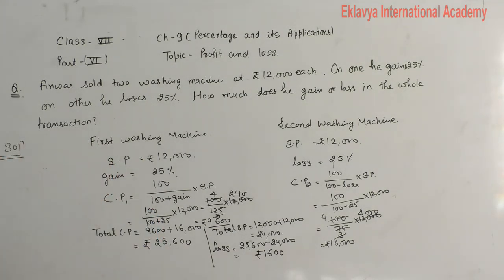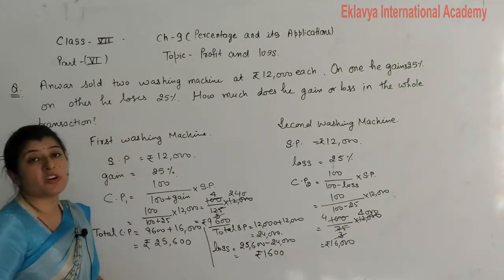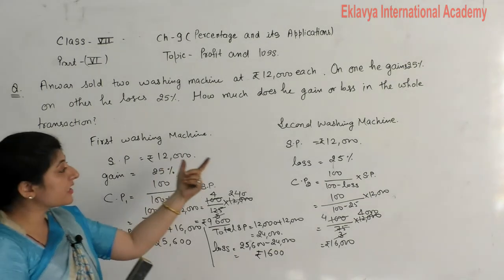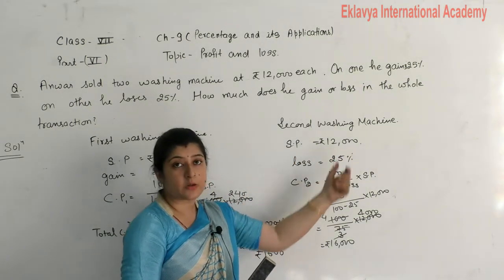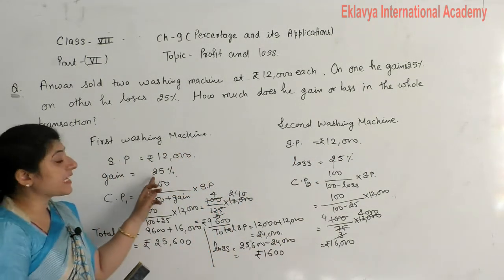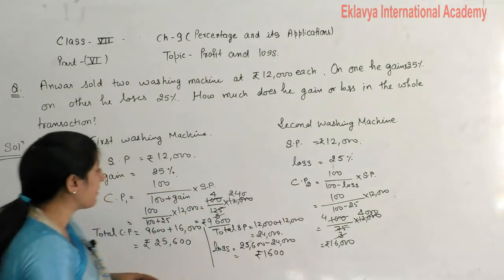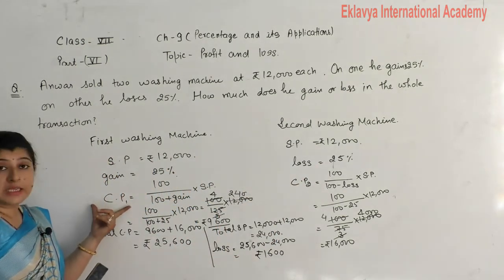Firstly, it is given that Anwar sold 2 washing machines. It means selling price of first washing machine is 12,000 and second washing machine also 12,000. Here he gains 25% and here he loses 25%.